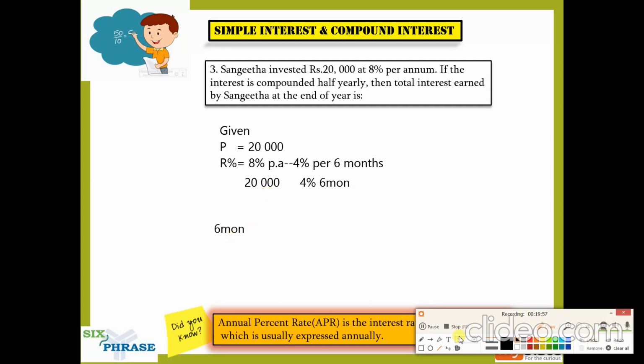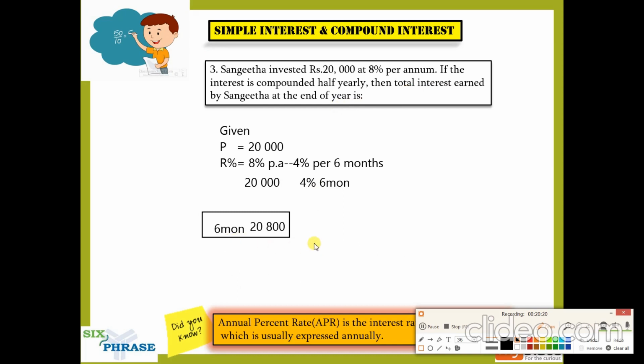So we can simply write this as 20,800. At the end of 6 months, this is what you get. At the end of 6 months, the amount is 20,800, but you have to understand that what they're asking is interest for 1 year. That is what you find.